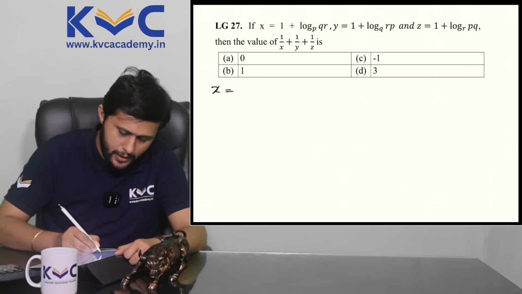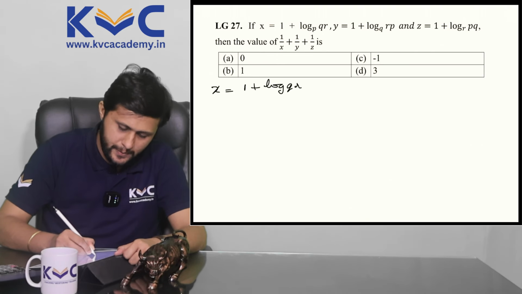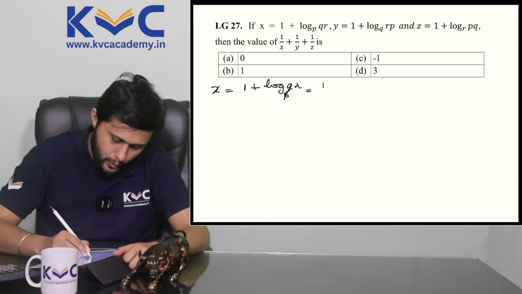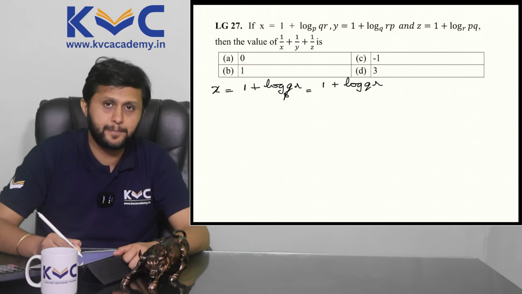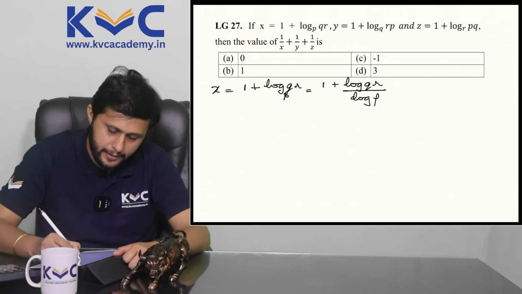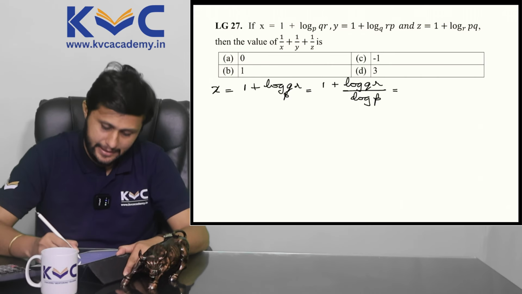So X is equal to 1 plus log QR to the base P, correct? We can simplify this: 1 plus log QR divided by log P, correct? Now further, we can take LCM.